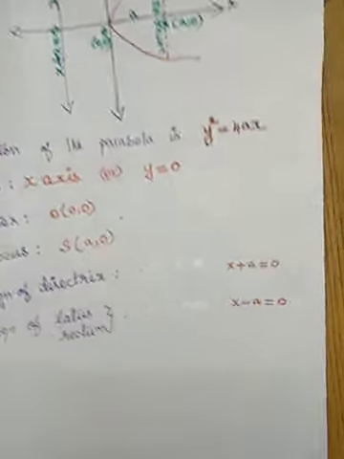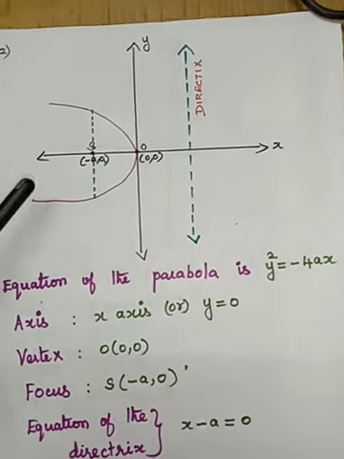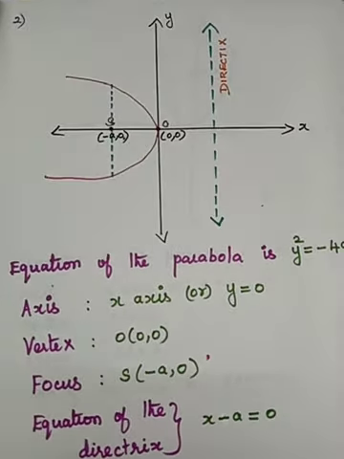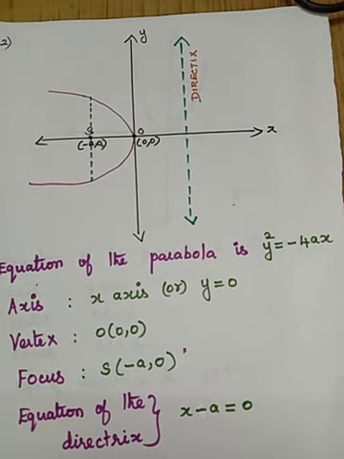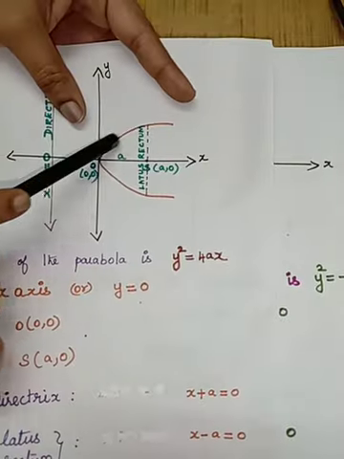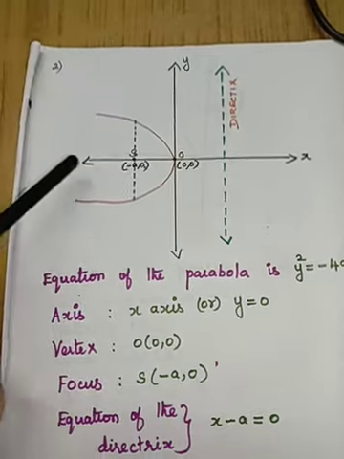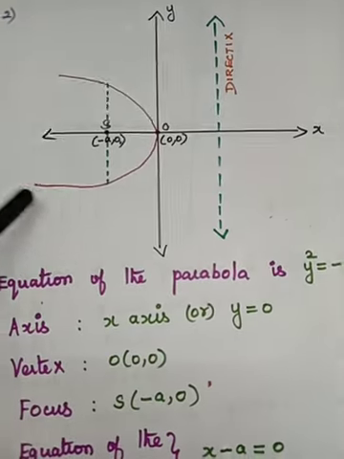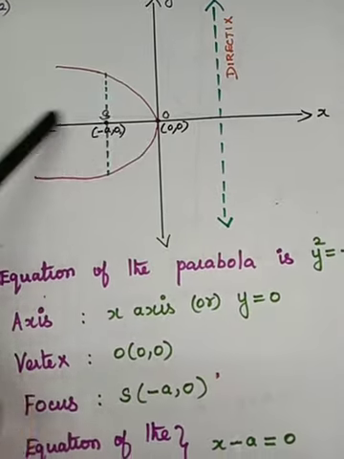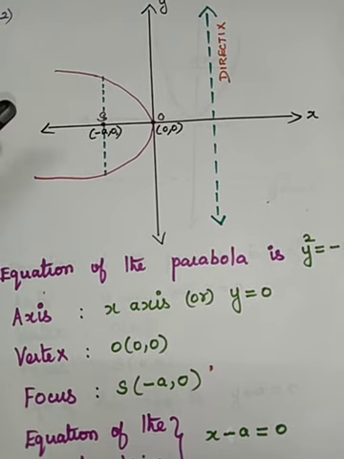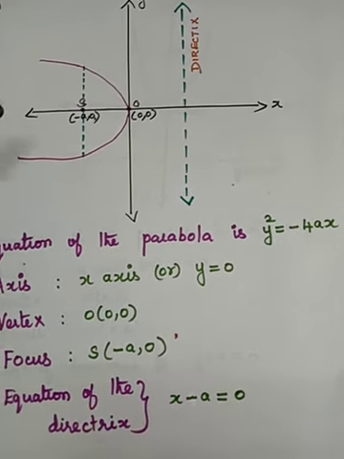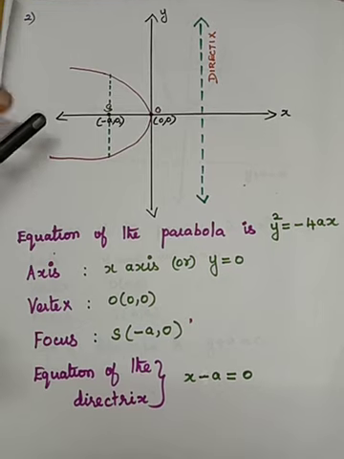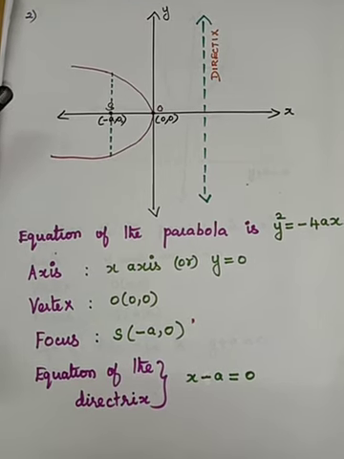We'll see the next one. The second type of parabola: the previous one opened rightward, and now you look at this parabola, it opens leftward. You see that it is on the negative side of the x-axis. So for all the properties, x becomes negative.